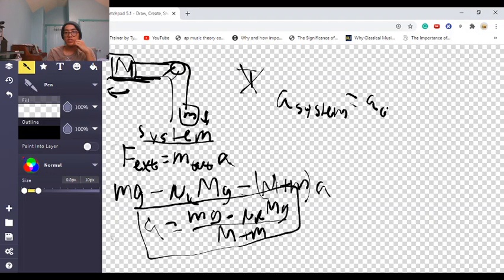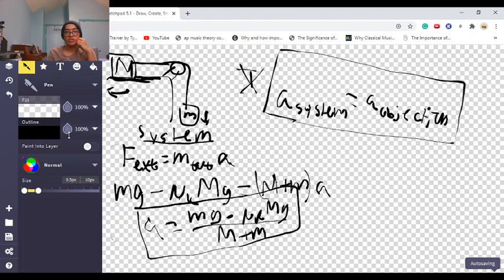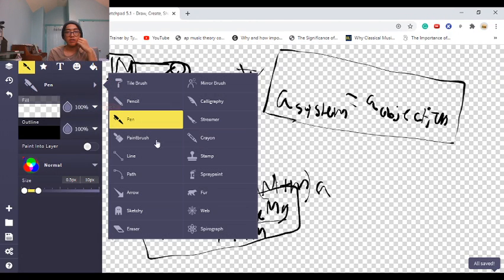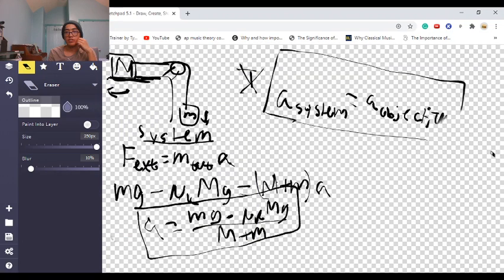Whatever the case may be, the acceleration of the system must equal the acceleration of the object. I spelled object wrong. I'm going to erase that, but you get the idea.